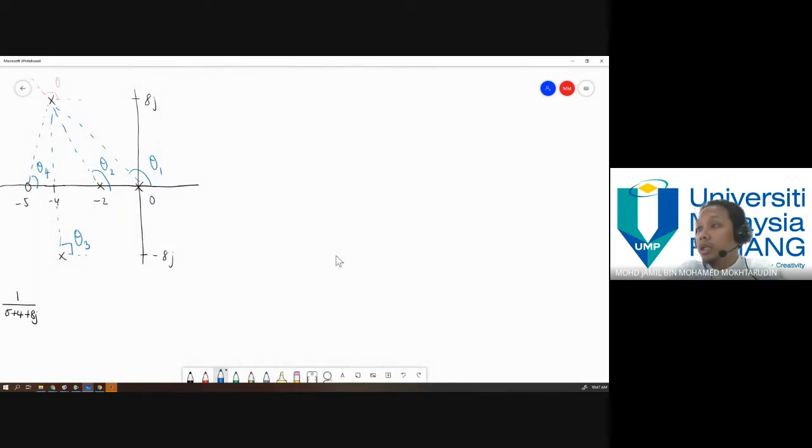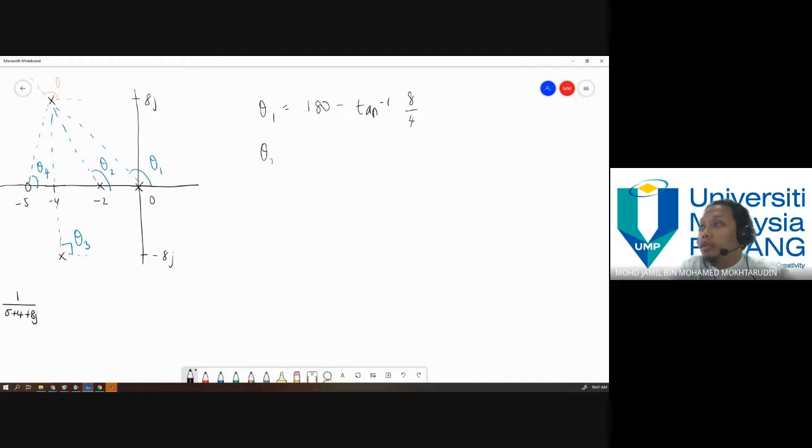Okay, so here theta 1 is 180 minus tangent minus 1, 8 over 4.